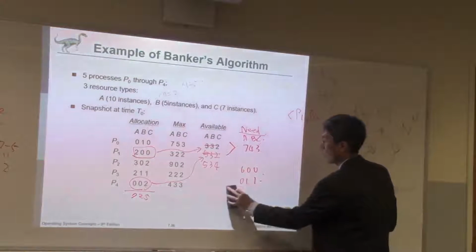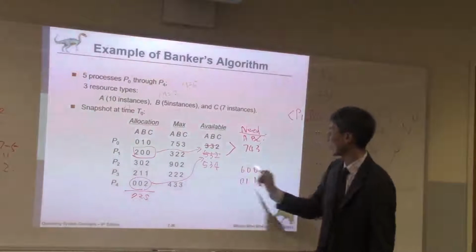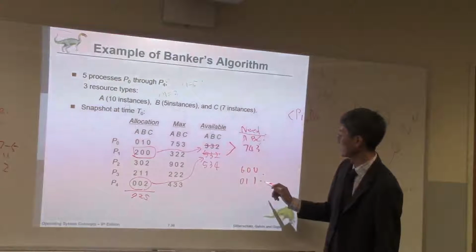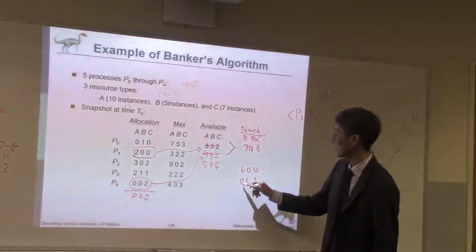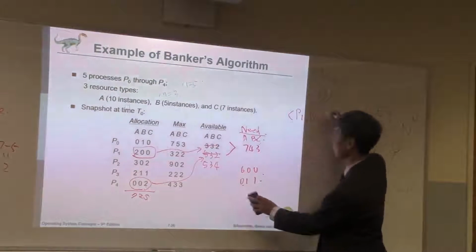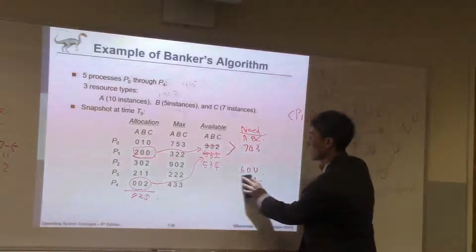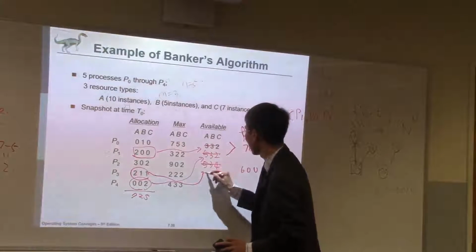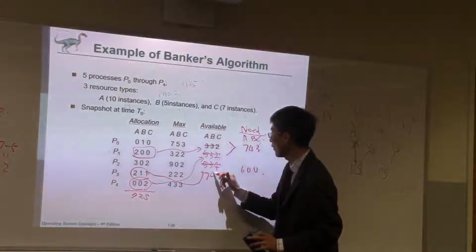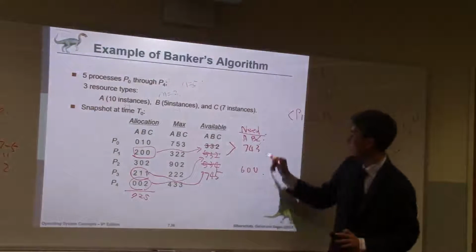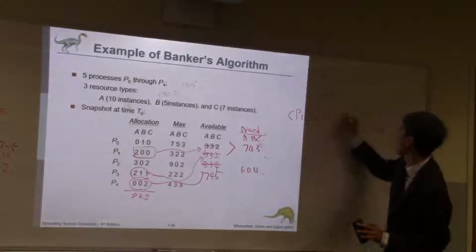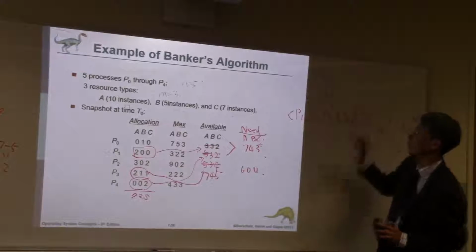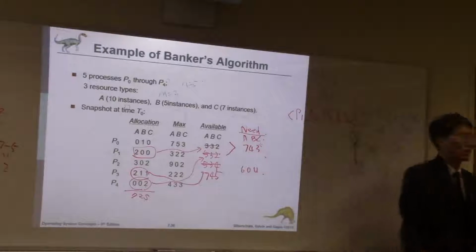Which one will be next? This one can be done, right? So P3. Then this 2, 1, 1 will be added. 7, 4, 5. Then either of them, P1, then P2. We can find the process list.